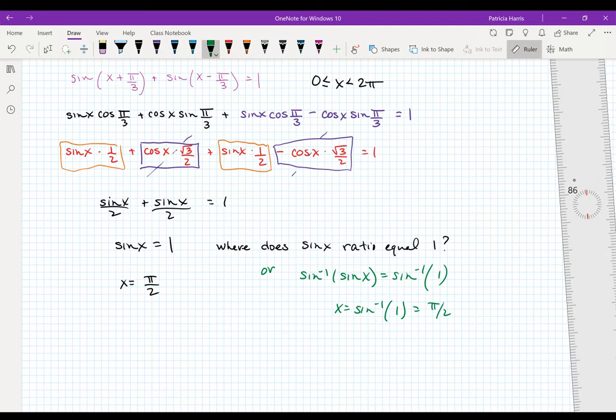If your calculator's in degrees, it's going to kick out 90 degrees rather than pi over 2. Also, it obeys the ranges of sine inverse and cosine inverse. If you remember from last semester, the range of sine inverse is negative pi over 2 to positive pi over 2. It's only going to give you one of the answers when you may actually have multiple answers.